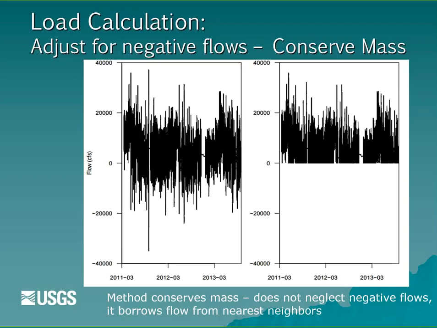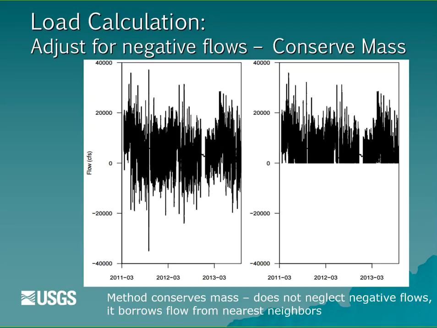So what we did is we developed an approach where we're sort of borrowing flows from the nearest neighbor. So if it went negative at one point, we looked into the future and tried to remove that flow from it. And we just worked our way through the data set and came up with the flow on the right, which has no negative flows, and the negatives were all set to small positives.